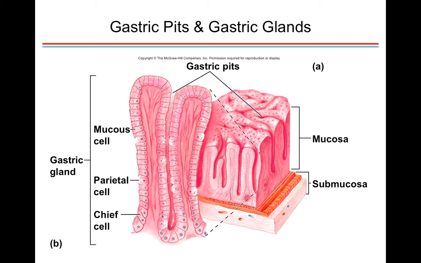And then not shown, but critically important, are G cells that secrete the hormone gastrin, and gastrin stimulates the secretion of both pepsinogen by the chief cells, and it also stimulates the secretion of hydrochloric acid by the parietal cells.